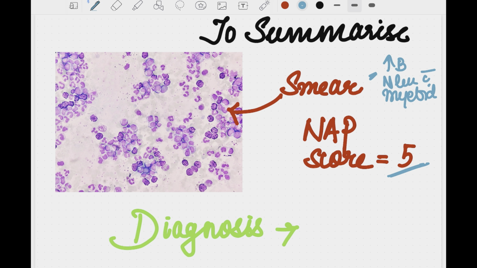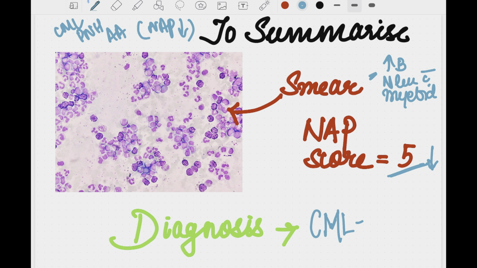So what do you do? It's decreased, right? We've learned that in CML, PNH and aplastic anemia, the NAP score is decreased. So your NAP score is 5, and finally, you give a diagnosis of chronic myeloid leukemia, chronic phase.